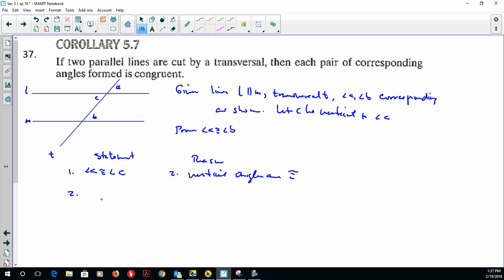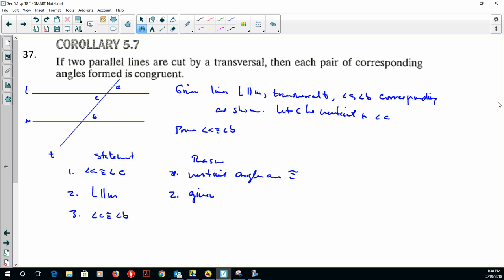Reason 2 is given. 3 is going to be angle C is congruent to angle B. And that's going to be, well, this previous theorem we had, right? 5-5.